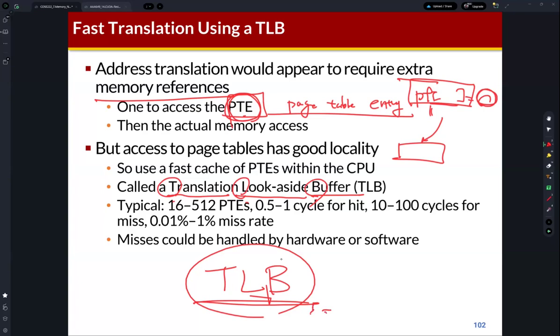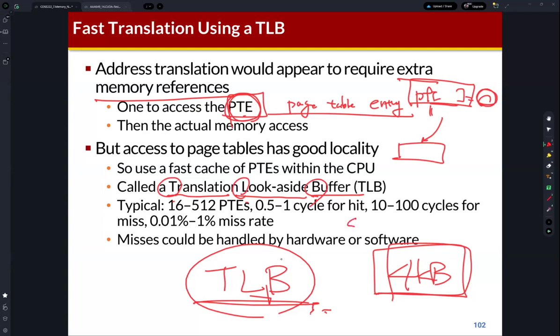So the TLB is used as the cache for the page table, and the TLB miss rate is very low. It is because the page size, the data chunk size, is 4 kilobytes.